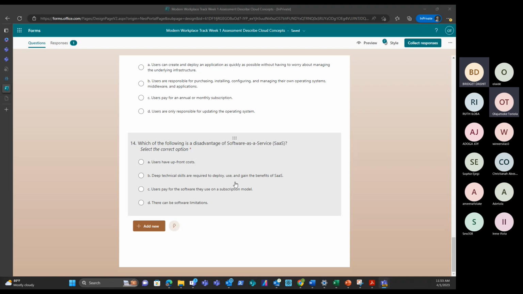Which of the following is a disadvantage of software as a service? A, users have upfront costs. B, deep technical skills are required to deploy, use, and gain the benefits of software as a service. C, users pay for the software they use on a subscription model. D, there can be software limitations. So what is the answer? Root.